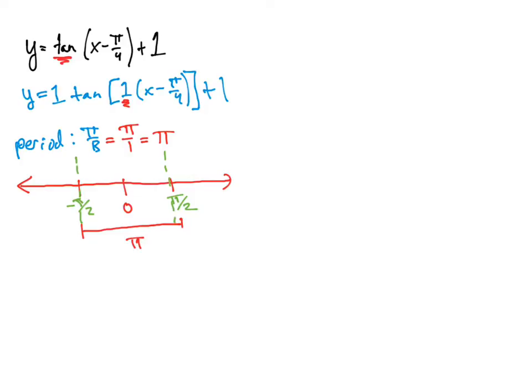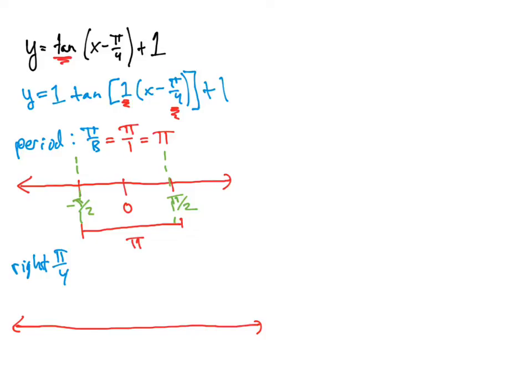However, there is a horizontal shift, and the horizontal shift corresponds to the c value. So negative pi over 4 means we're going to go right pi over 4 units. So I take those values I found on the number line: negative pi over 2, 0, and pi over 2. Now we need to move all of these to the right pi over 4 units.